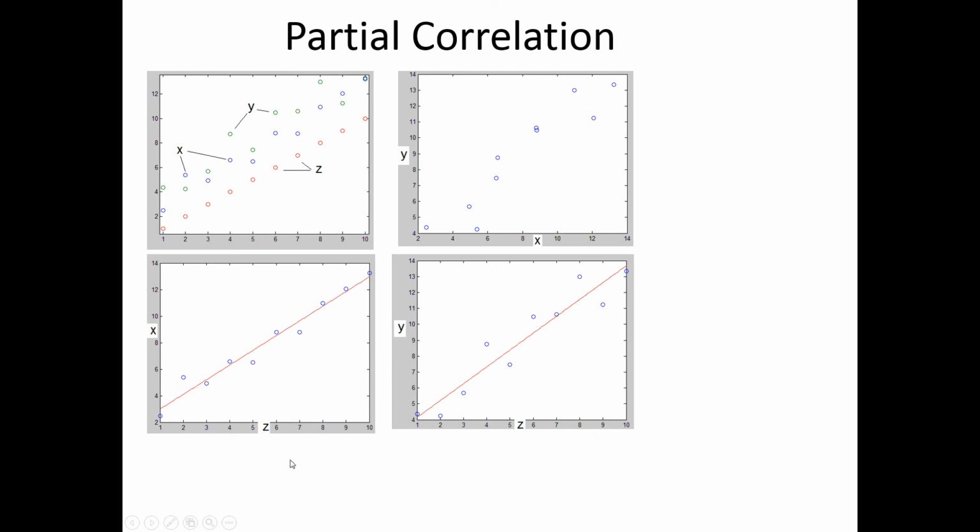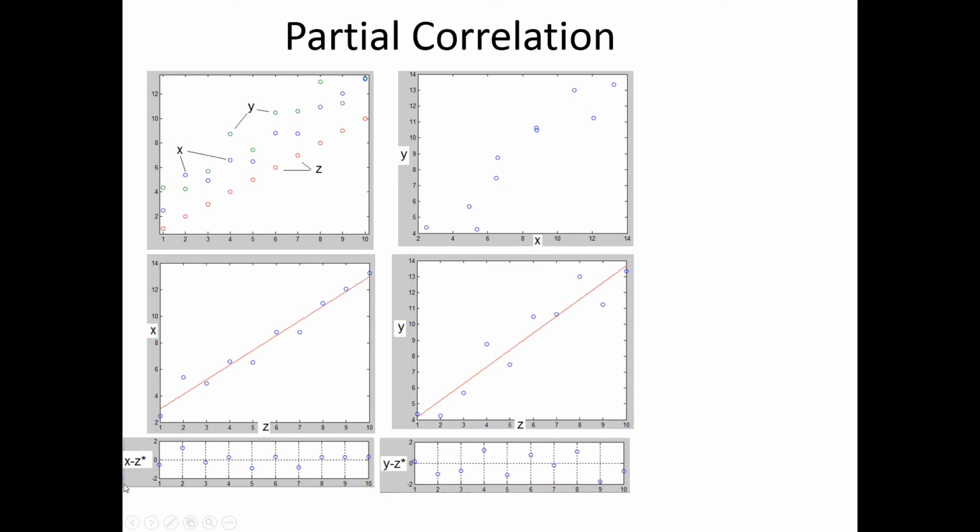Now, if we fit a regression line to this data, we subtract from X the predicted values of Z, the points on the regression line. So from X, we subtract the red value on this red curve at a given Z. At Z2, we look at the point on this curve and subtract it from X. Here is X minus Z*, where the star means that it is not the original Z-scores, but rather the values of this fitted line.